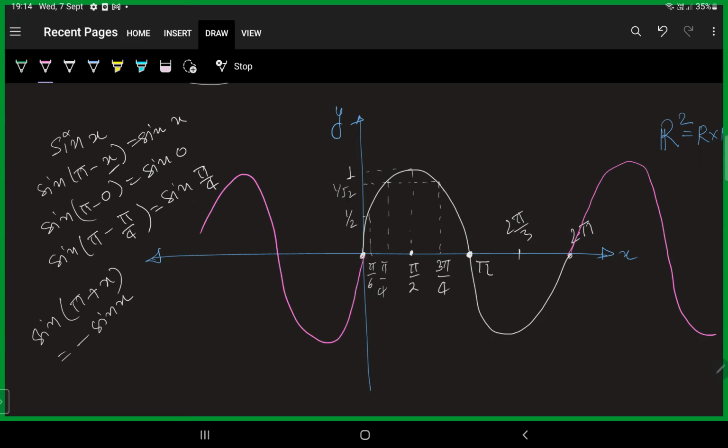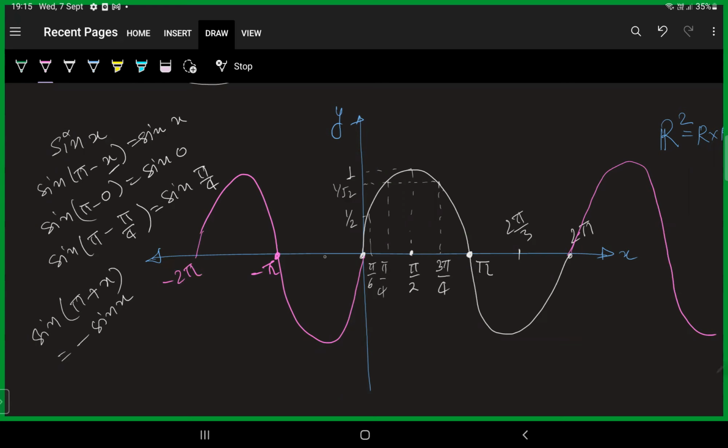Now, can anyone tell me which quadrant this point is? This is 0, this is pi. What is this? Minus pi. This is your minus pi, and this will be your minus 2 pi. Which quadrant is this again?